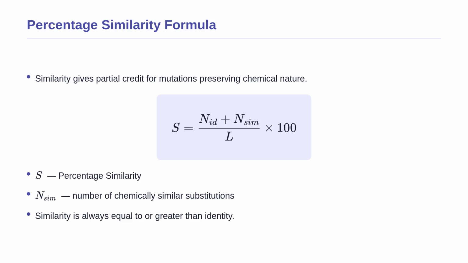We still use n sub ID for exact matches, but we add n sub sim, which represents the number of similar substitutions, where an amino acid mutated, but the new one has the same size or charge. The denominator L remains the total alignment length. Because we are adding these similar substitutions to the numerator, similarity will always be equal to or greater than identity.